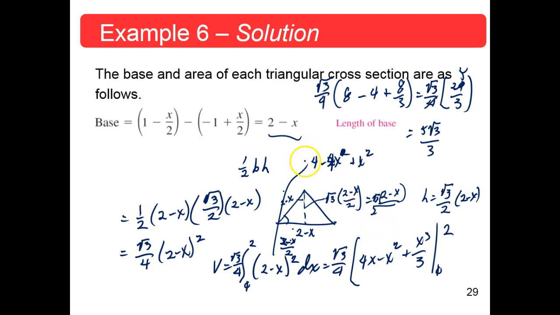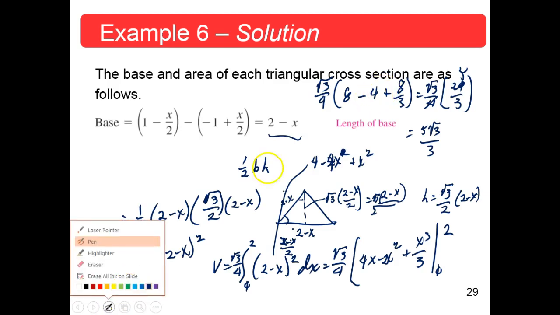So integrating minus 4x would be minus 2x squared, and the 4x, and that one's right. So, sorry about that.